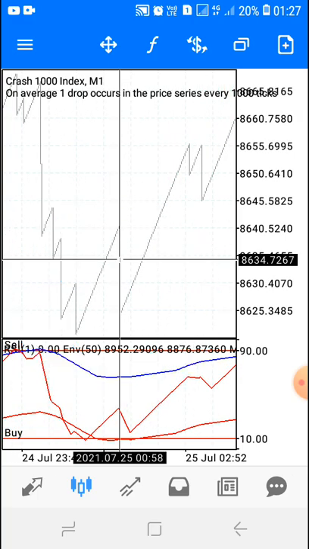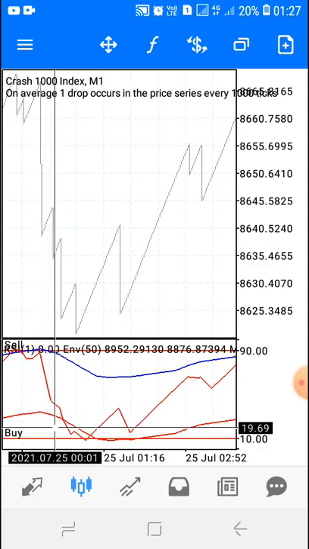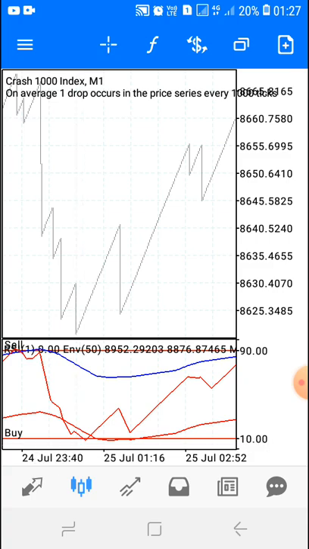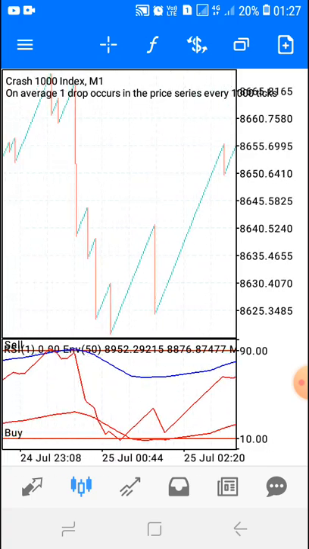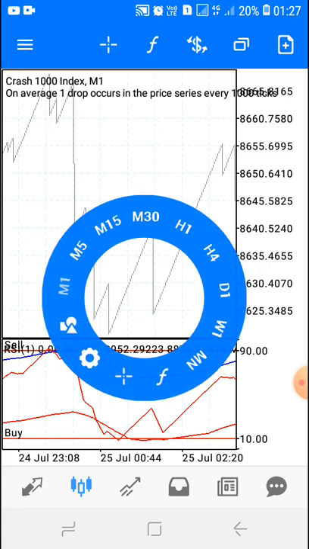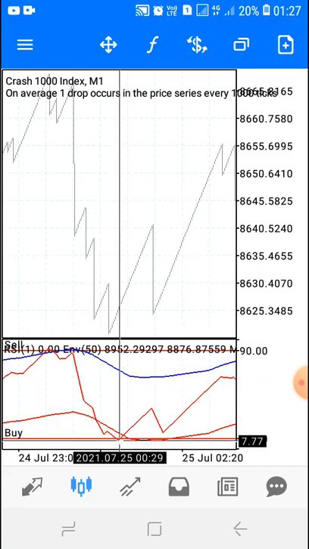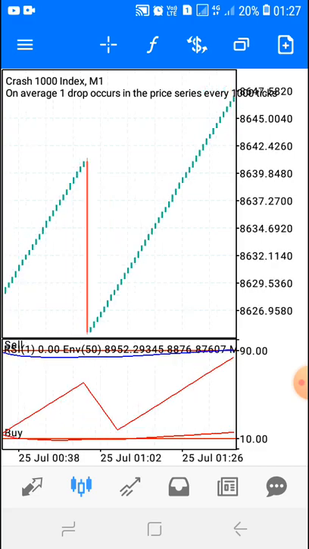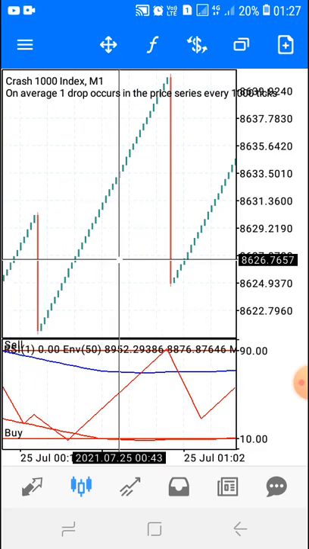So every time you see the moving average go out of the envelopes and touch the 10 level on Crash 1000, you need to make sure that it doesn't move. For example, you can see over here that it doesn't move. So what does that mean? It means that it's time for you to take a buy entry.